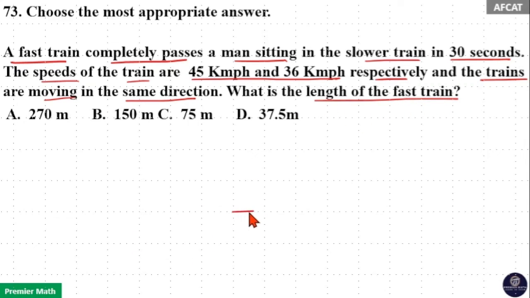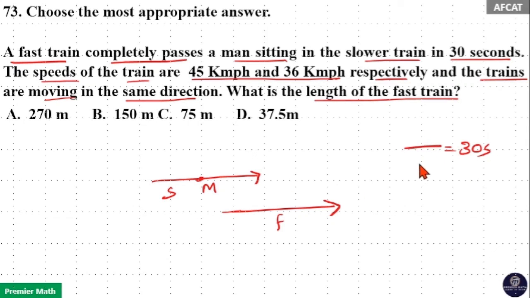Here, a fast train completely passes a man sitting in the slower train in 30 seconds. 30 seconds is the time. Time means distance by speed.